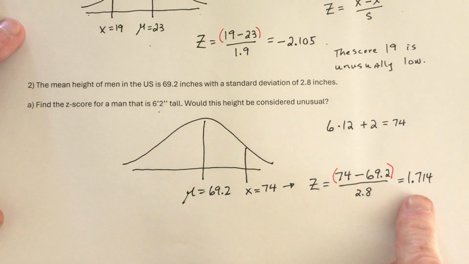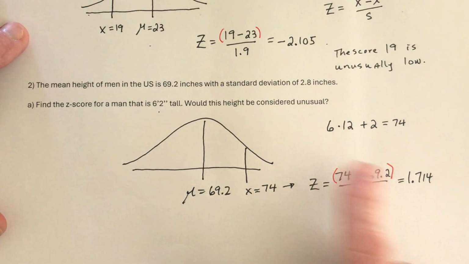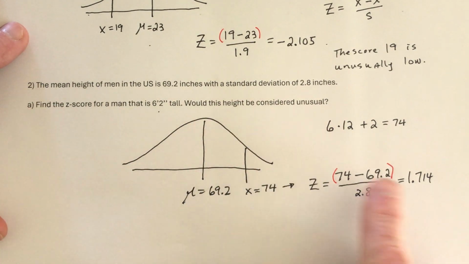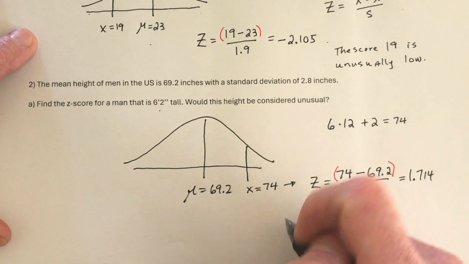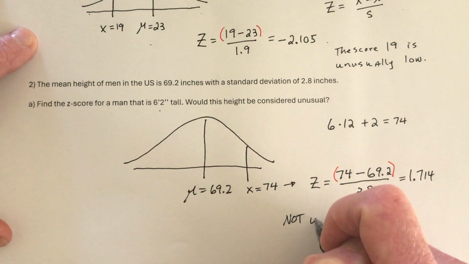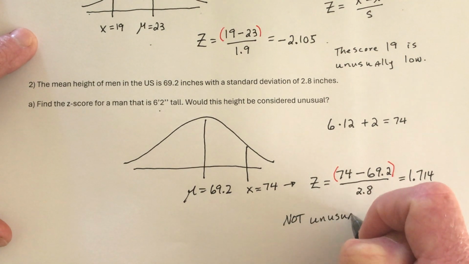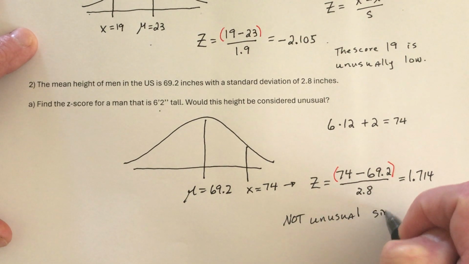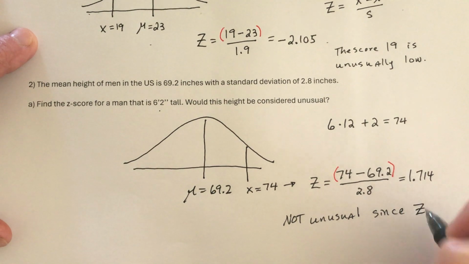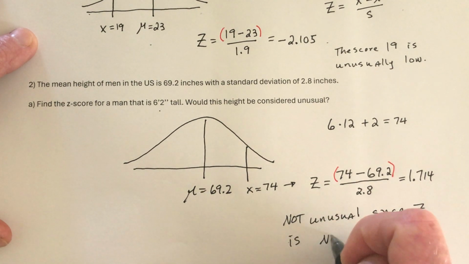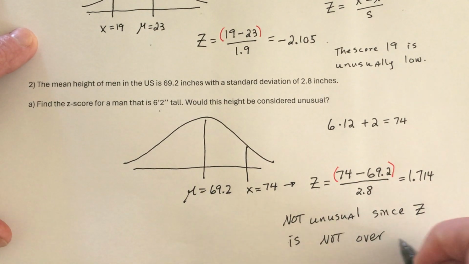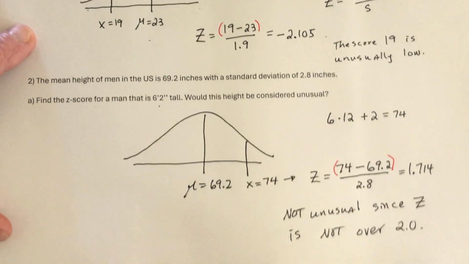The rule for the z-score is if it goes over 2, it's unusual. Would this height be considered unusual? No. This is not unusual since the z is not over 2.